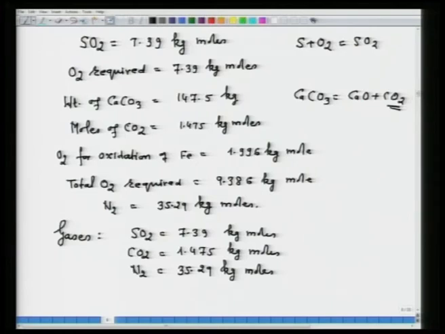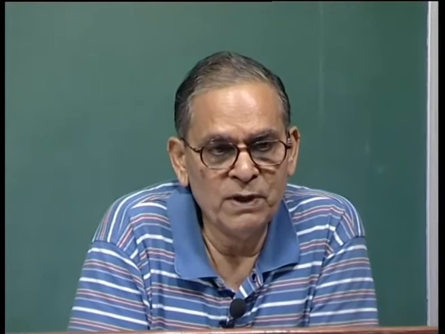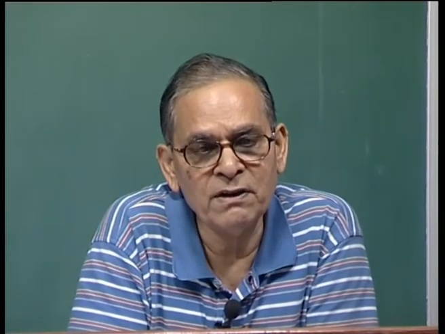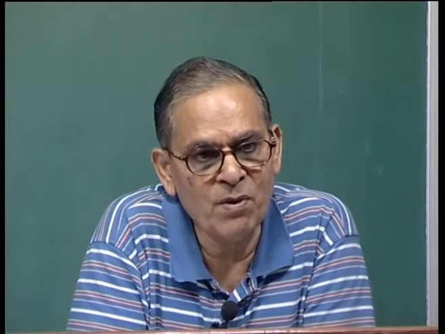Now, we are ready to perform heat balance as asked in the problem. So, now, let us do the heat balance. Now, remember, in heat balance the basis of calculation is always 298 Kelvin, unless otherwise specified, because the heat content and Cp values, heat of formation of compound and so on, are all available at 298 Kelvin.